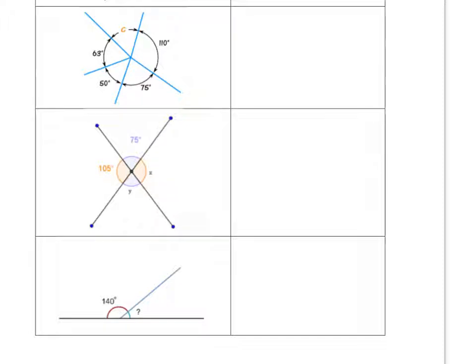For this next one, we know that angles at a point add to 360 degrees. So we know then that C will be equal to 360 minus 110 plus 75 plus 63 plus 50.